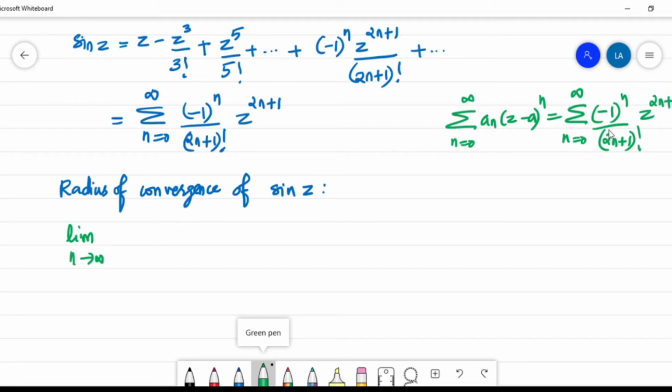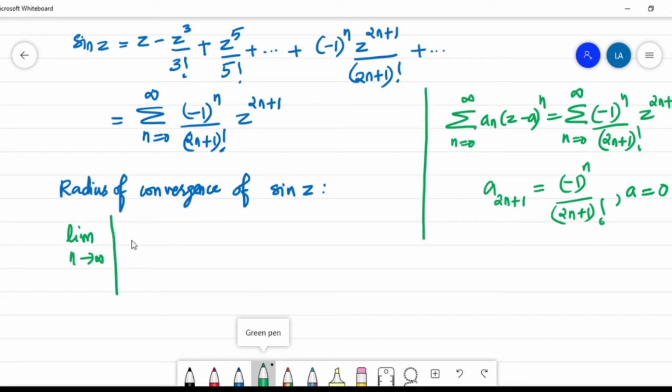So that will mean that a 2n plus 1 is equal to minus 1 raised to n divided by 2n plus 1 the whole factorial, and also here a is equal to 0. That is an observation.